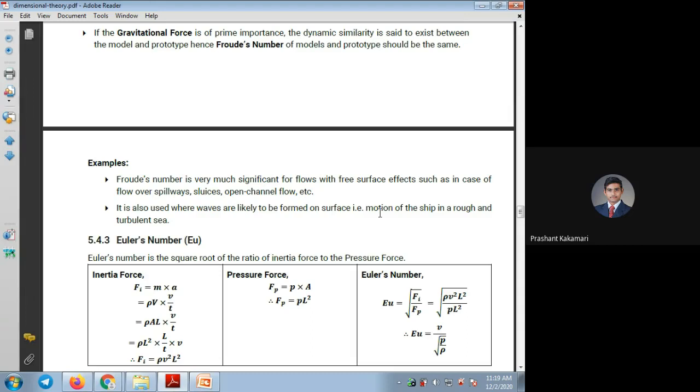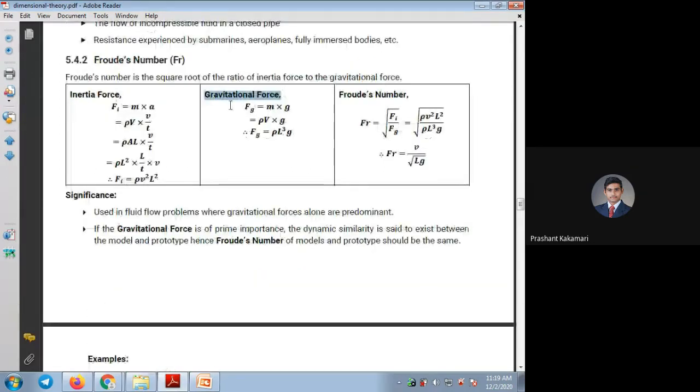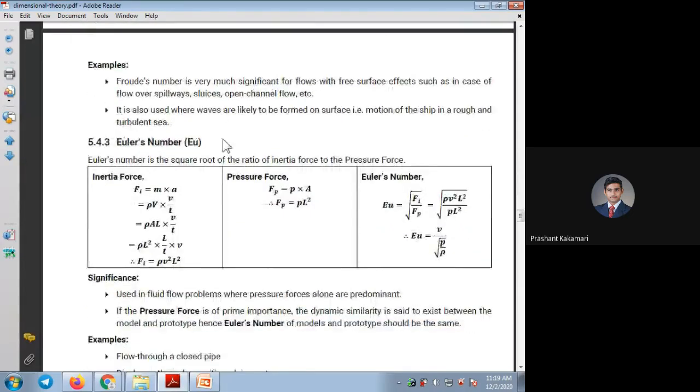Also, if you move a big body like a ship in stagnant water, there also some waves form. So these waves are controlled by gravitational force, and to study those things, we apply Froude's number.